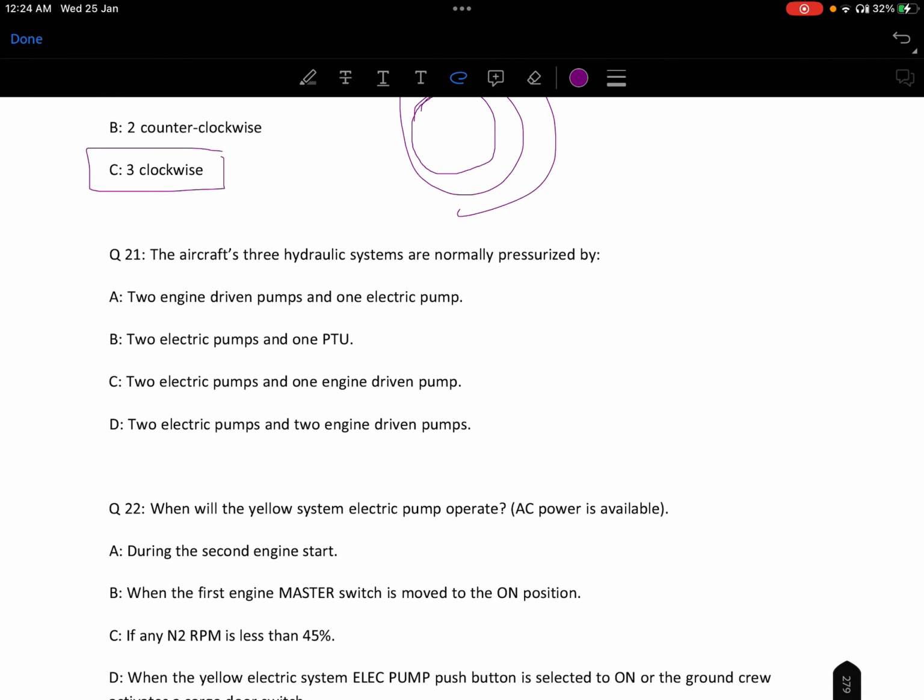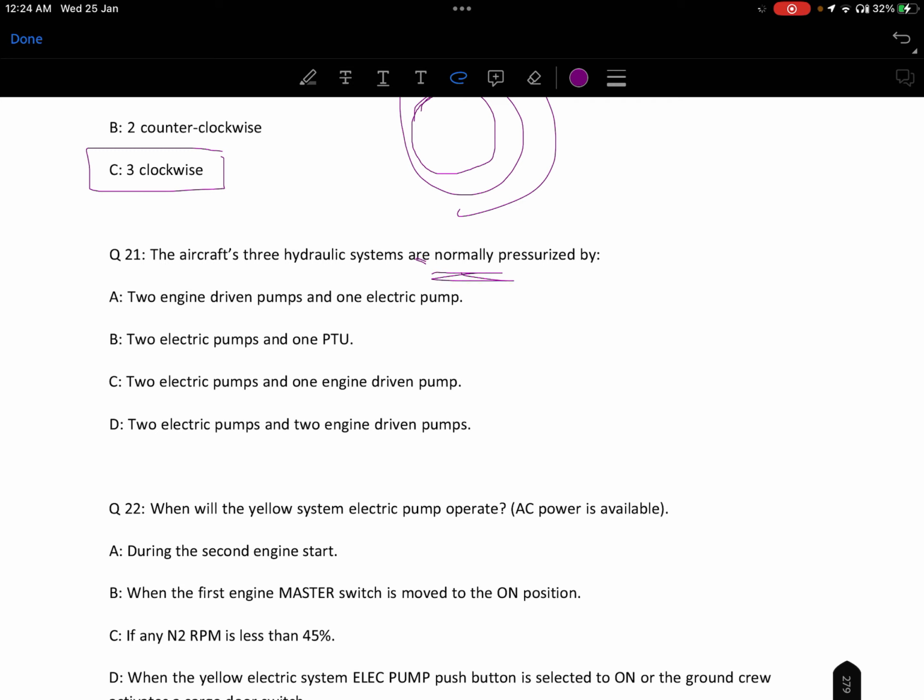The aircraft's three hydraulic systems are pressurized by two engine driven pumps and one electric pump. Two engine driven pumps and one PTU. No, this is what they are saying normally.